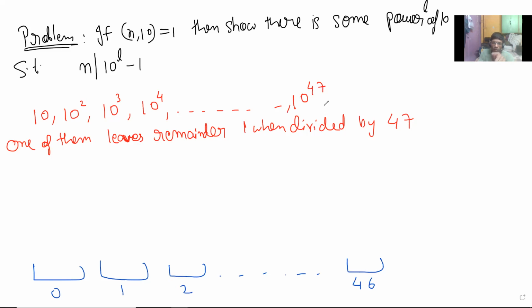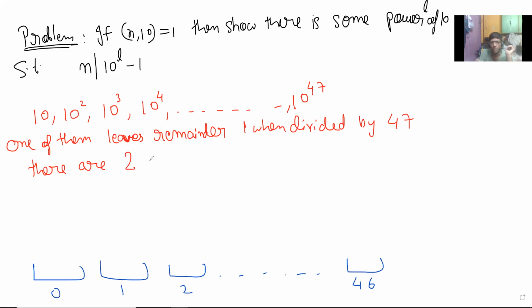If you go till 47, then you're going to find two numbers which have the same remainder, right? And this is the key. You don't get it directly, that leaves the remainder of one. There will be many questions like this where you won't get it directly, but you apply Pigeonhole principle and then take it forward, and you'll see later that you get it.